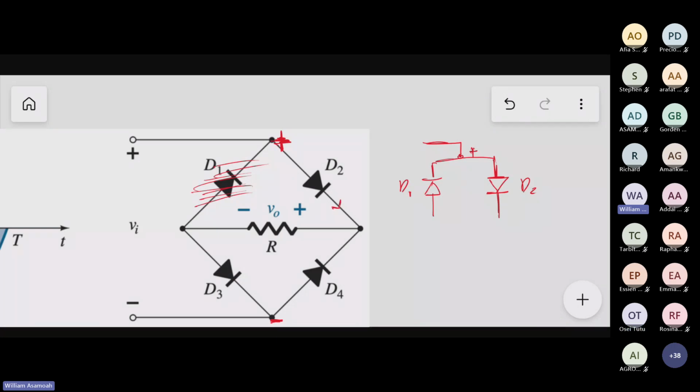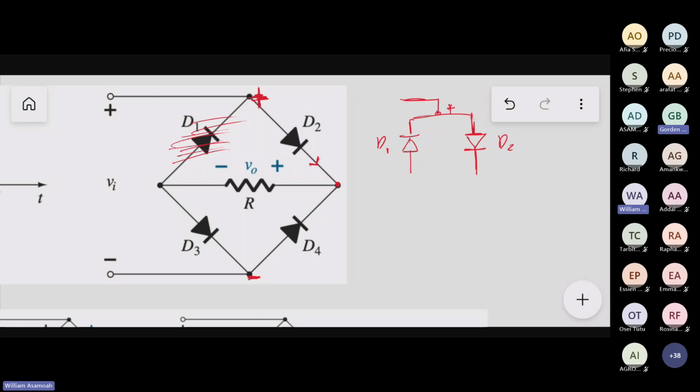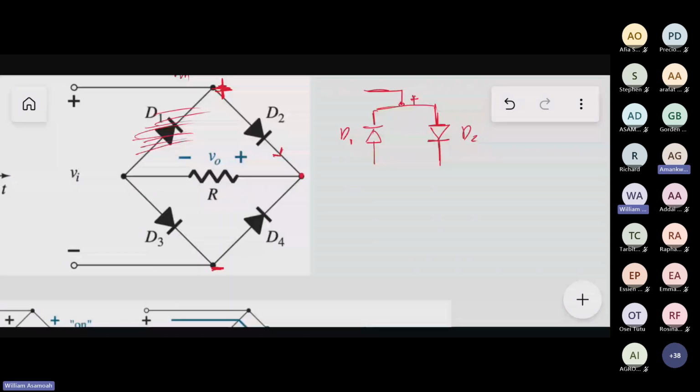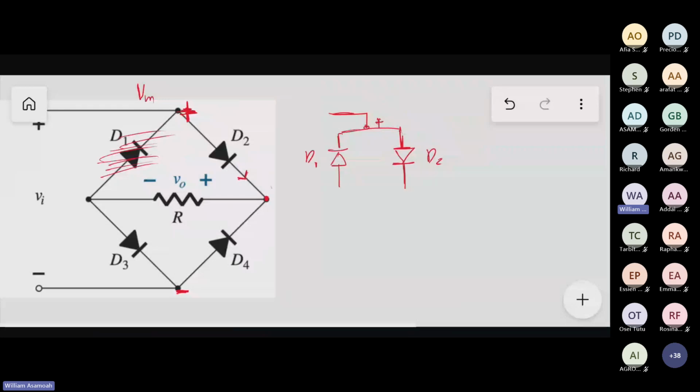So current starts flowing and comes here. But when we reach here, is this diode reverse biased or forward biased? Here is positive because this one is conducting. The voltage at the input, Vm, loses 0.7 across this diode, so we have Vm minus 0.7 here.